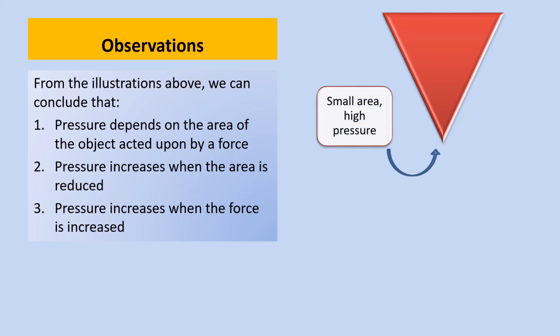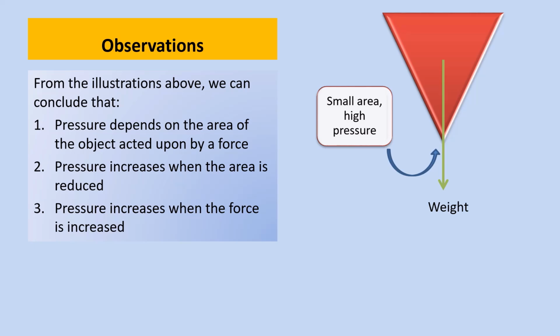So there's a small illustration here to explain this. When the surface area is very small, we are assuming this triangle is resting on this tip, such that this is now the surface area that is carrying this triangle. So if we take its weight to be equal to its force, then the pressure exerted on this small surface area becomes very high.